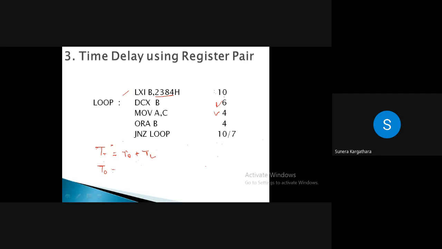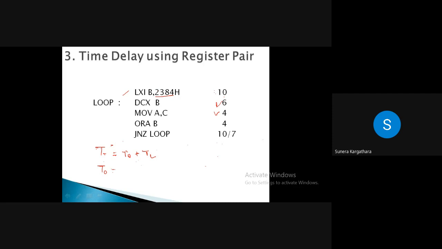Student, can you hear me? Yes or no? Yes, ma'am. 24 T states you can see here inside the loop. 10 plus 4 is 14, plus 4 is 18, plus 6 is 24, right? So this 24 T states will execute how many times?